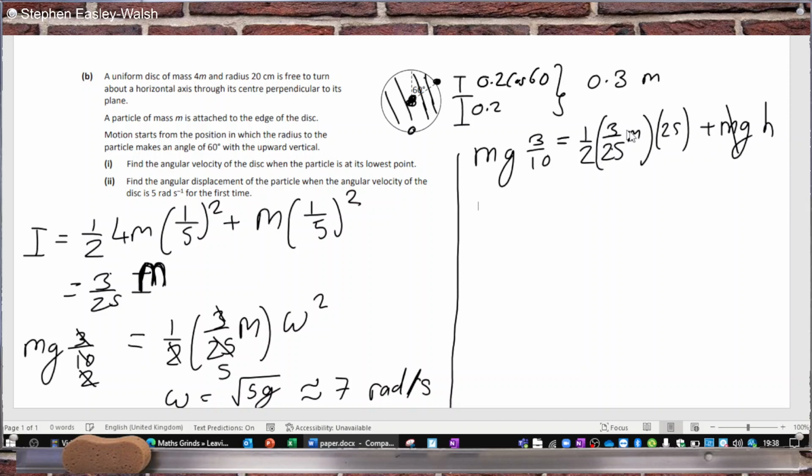Cancel out the m's. Well, that's nice. Cancel the 25s. So I get 3g over 10 equals 3 over 2 plus gh. Let's see what I get here.